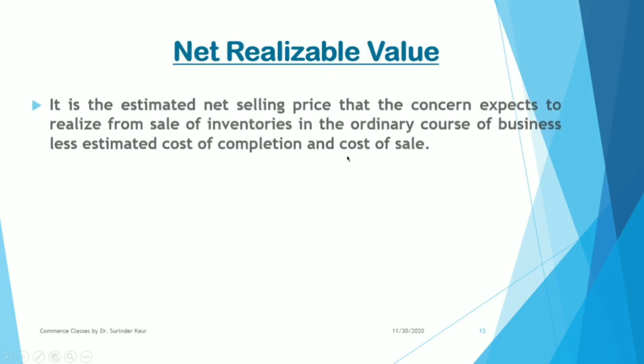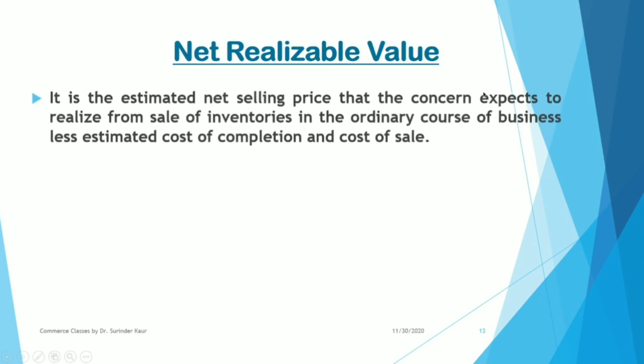Net realizable value is basically the net selling price that the concern expects to realize from sale of inventories, less estimated cost of completion and cost of sale. This is what I explained to you in the previous slide, that net realizable value is the net amount that you are expecting to realize from the sale of assets. So any cost of sale which is directly associated with sale, or any cost of completion, will be excluded from it.